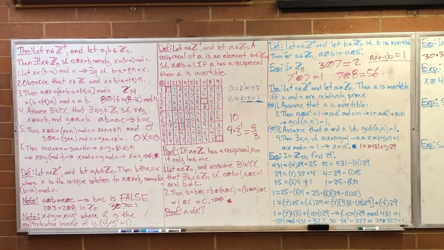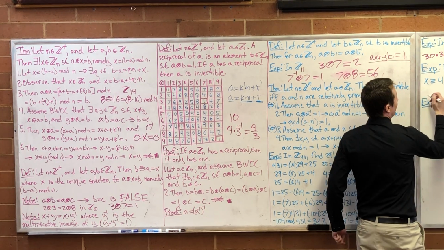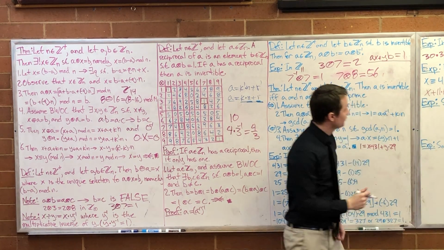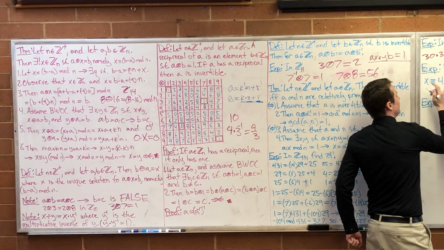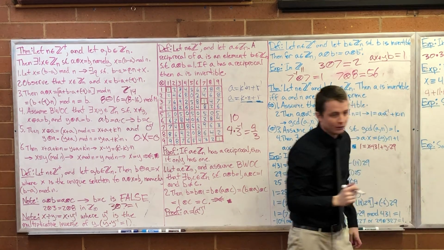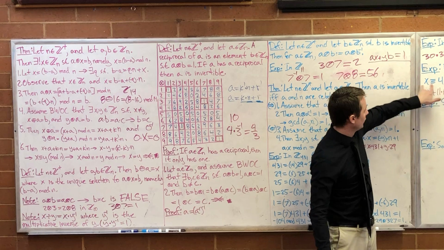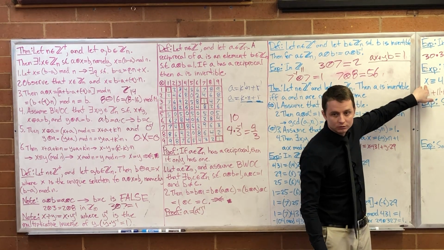Okay, so you see how this has infinitely many solutions, right? In general, all its solutions are of the form 4 plus 11 times k. All the solutions are of this form. Take any number of this form, plug it in for x, it's going to be true.